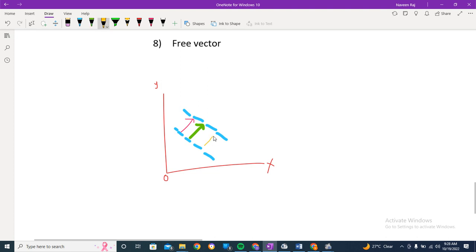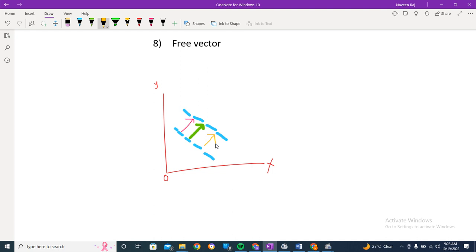This is the free vector, a vector that can shift parallelly. This vector does not have any connection with the origin, it is just a parallel movement. It cannot change its position front and back, it can just go right and left. This is a free vector.